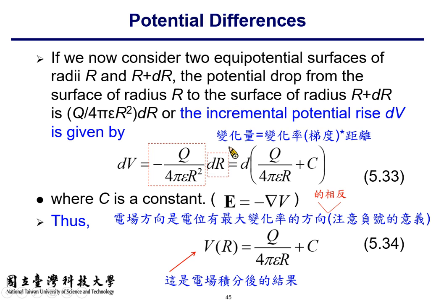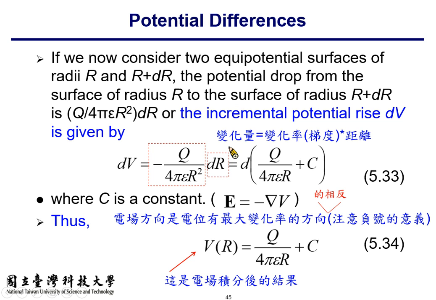You take the product of the distance dl and the gradient of V. And we already know that the gradient of V equals minus E.